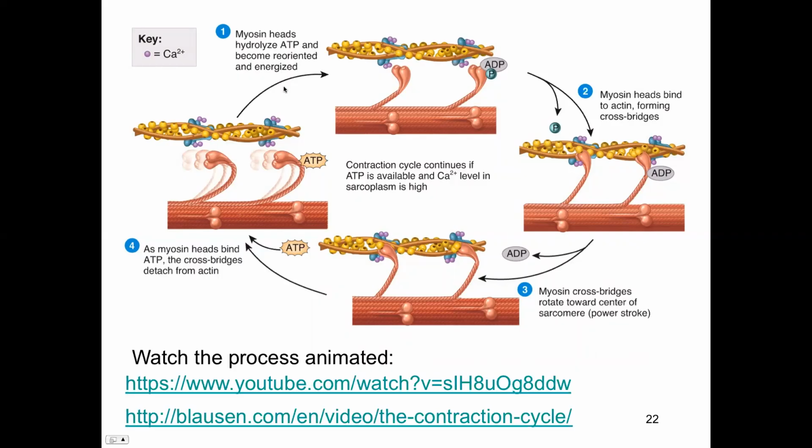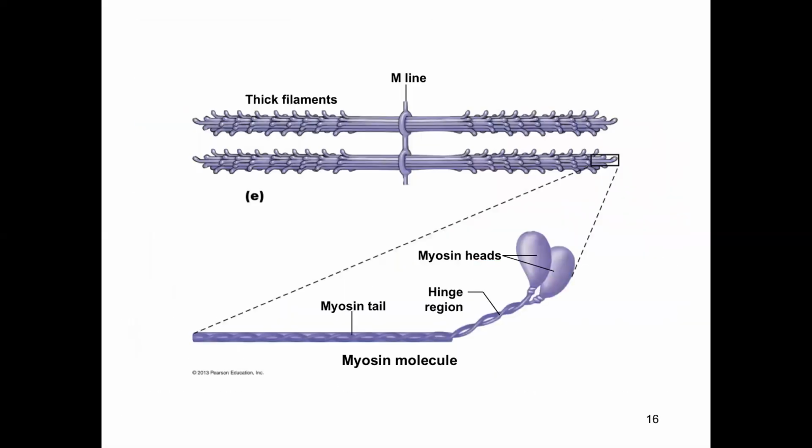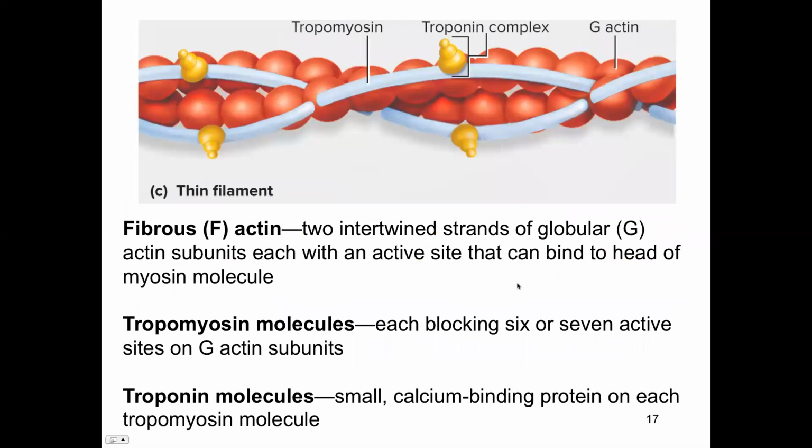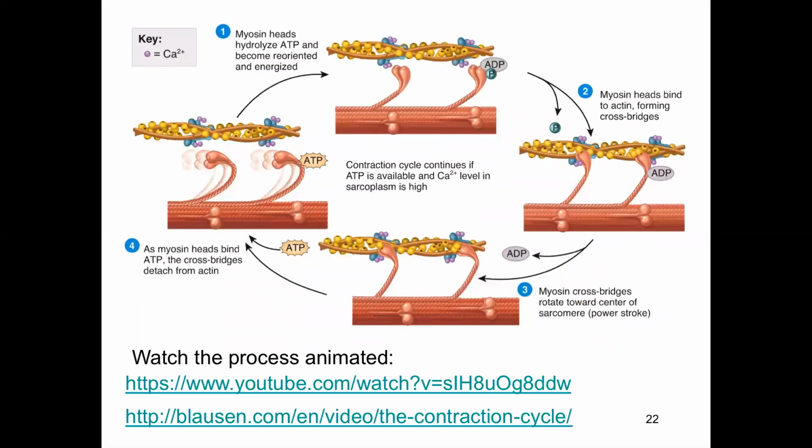Now, remember, I said to you that the myosin head groups act as a hinge, right? And I said to you that there's an enzyme component of this that will split ATP. So keep that in mind as we get going here. So let's go back to my slide with the cross bridge. I'm going to start off where we've had ATP bound.